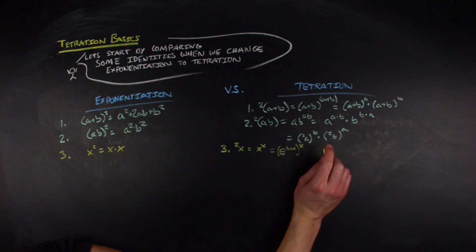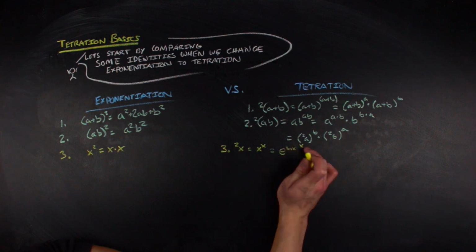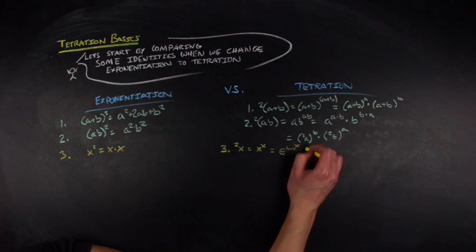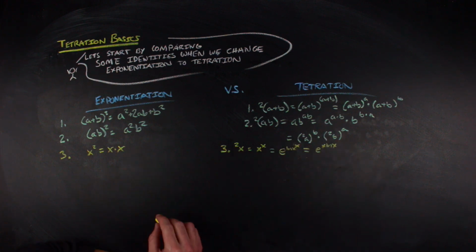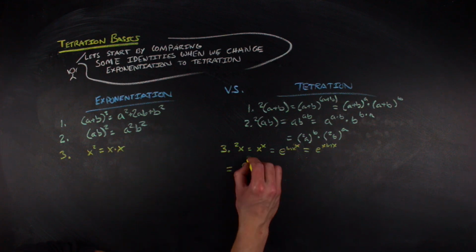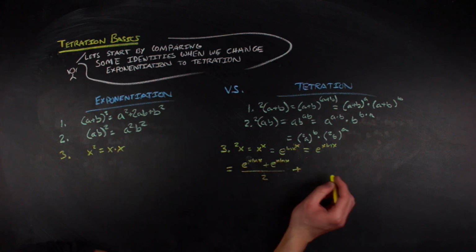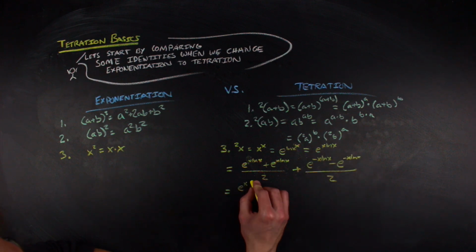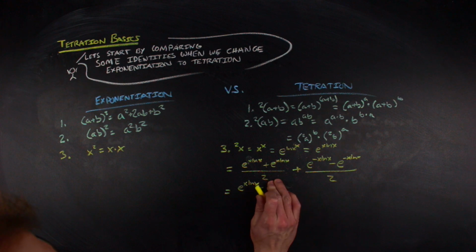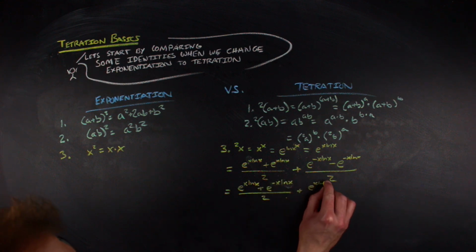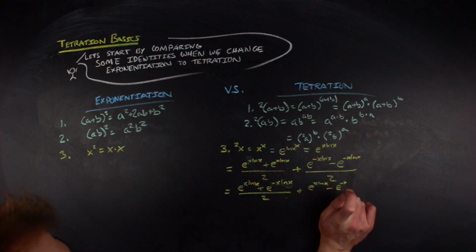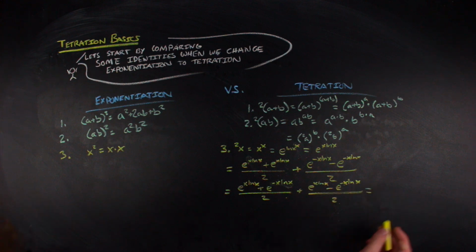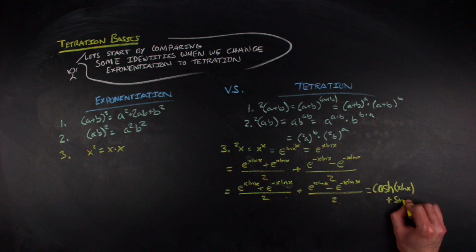We can rewrite that as e to the natural log of x to the x power, and then pull down that additional x power into the natural log as a product, so x times the natural log of x. By just adding 0 and scaling things a little bit, we end up with the hyperbolic cosine of x natural log of x plus the hyperbolic sine of x times natural log of x.